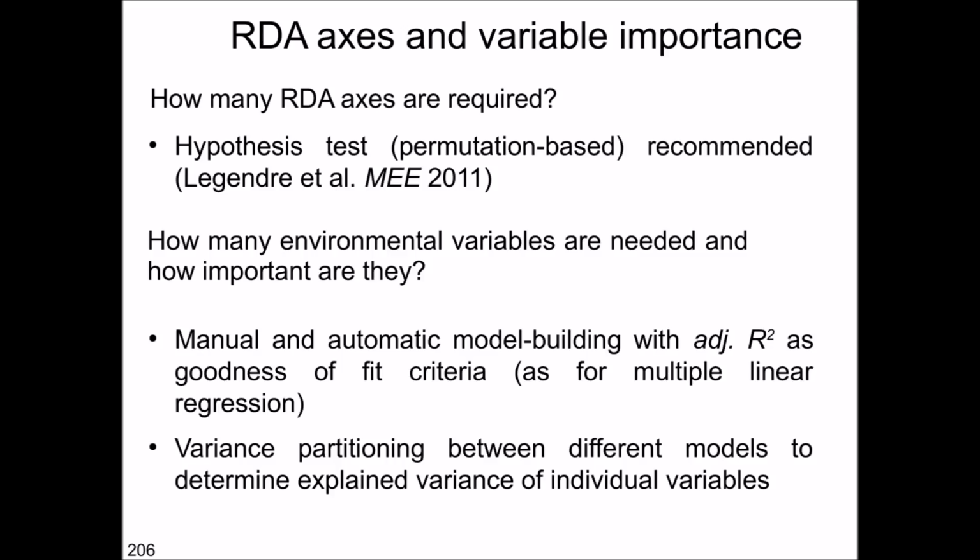If you remember the method that we used there, one of the goodness of fit metrics we discussed was the adjusted R squared, and that has been implemented for model building in R as well. For the RDA, we can use manual and automatic model building with the adjusted R squared.